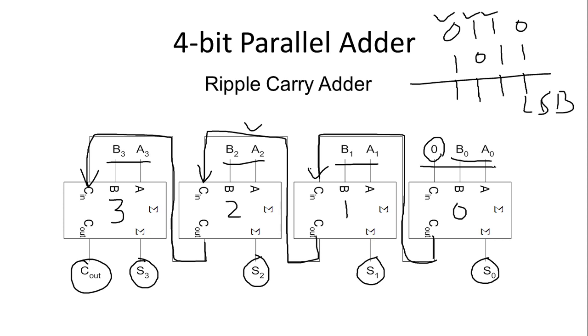So adder 1 waits until the C out from adder 0 is computed. When the carry is computed, adder 1 starts working and adds these 3 bits and produces S1, and the carry out again goes to the next adder, and the next adder waits until the carry out from the previous adder is computed, and it is the same case with the third adder.